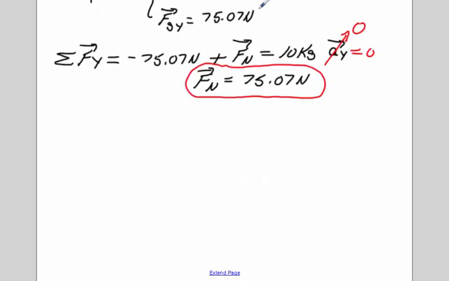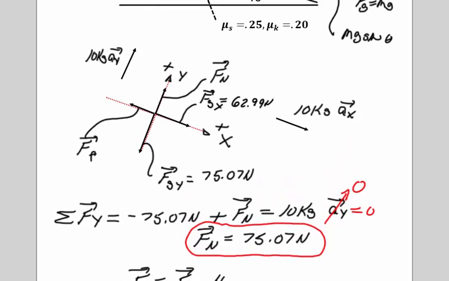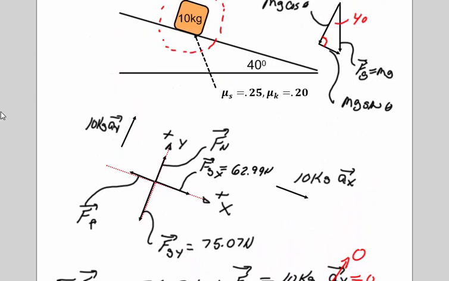Now at this point I will determine my maximum static friction. And we know in all cases that is going to equal my normal force times mu of s. So static friction here is going to equal 75.07 newtons times my coefficient of static friction, which is 0.25.